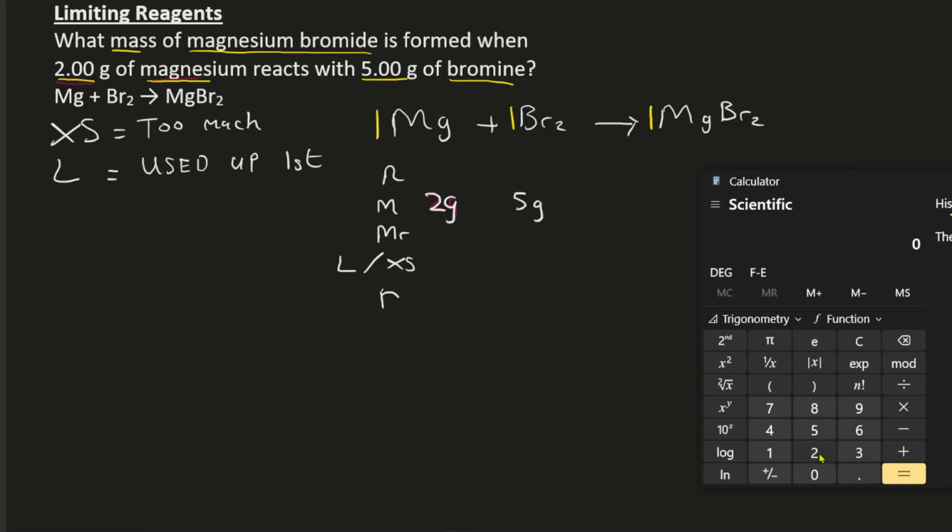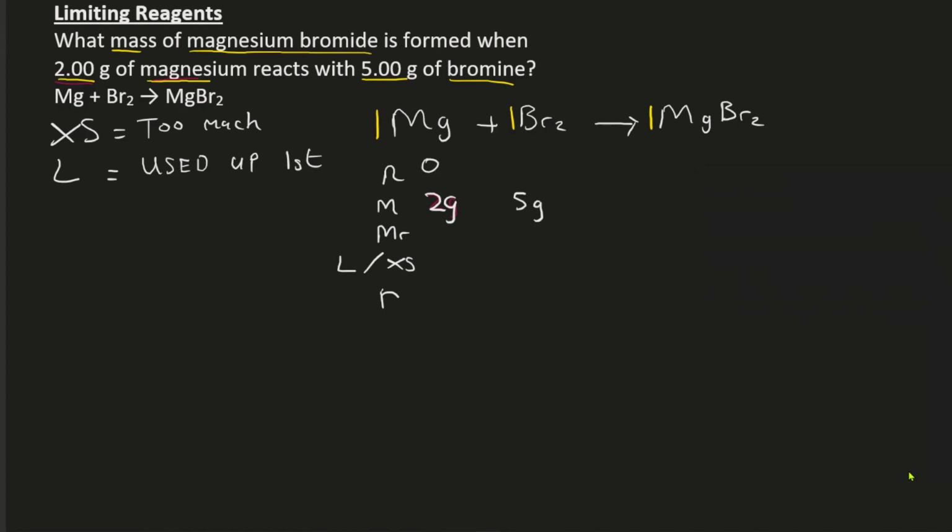In this case we've got magnesium, which is 24. It's 24.3 if you do A levels because you do it to 1 decimal place, but we're just doing it at GCSE level. So 2 divided by 24, and that gives you an answer of 0.083.